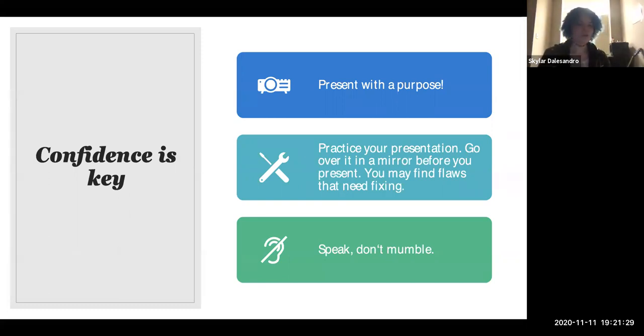So you'll need to tweak things here and there for your project to make sense. So definitely go over your presentation in the mirror, because there's a good chance you're going to find some flaws if you run through it as in a presentation. Make sure you do that before you actually present. And of course, speak, don't mumble. Goes a long way.